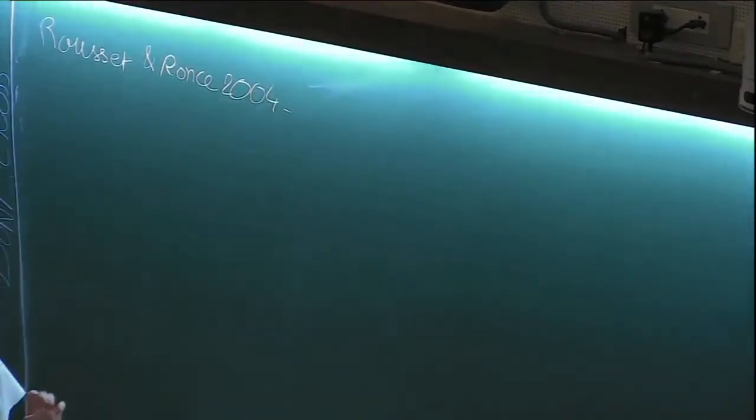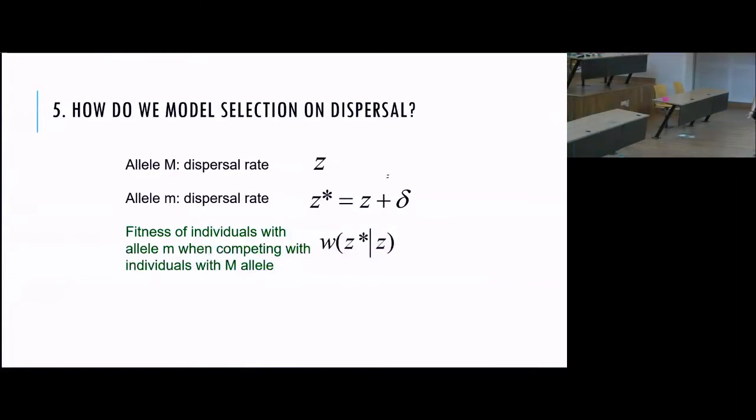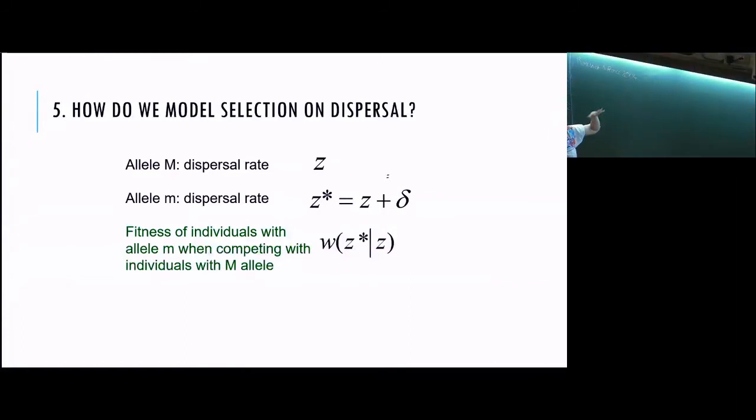I warn you that if you read it, you will get a headache, as I do every time I try to reread what I did. But it's quite useful to connect to a lot of population genetics models, this idea of evolution of dispersal.